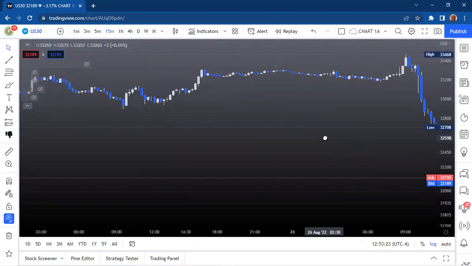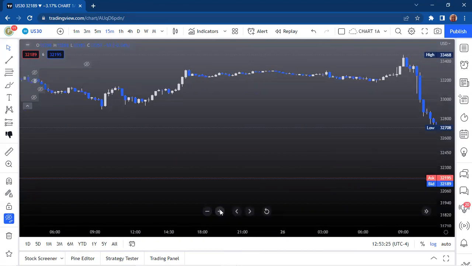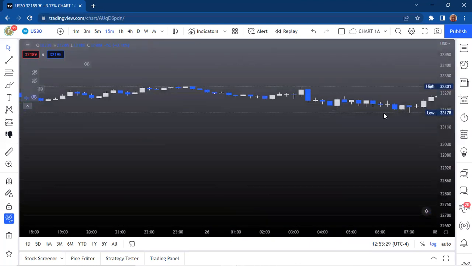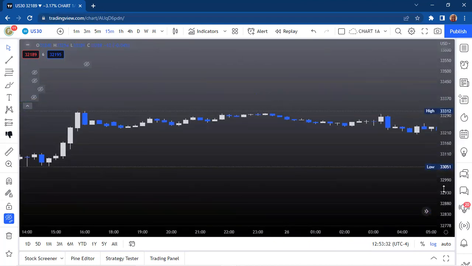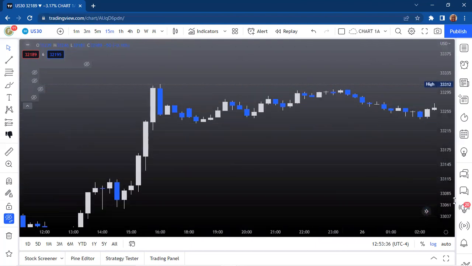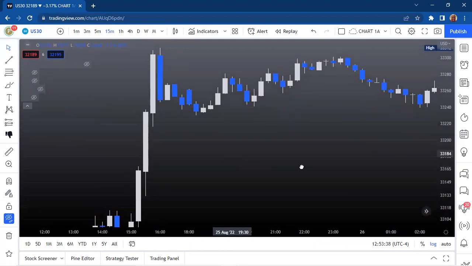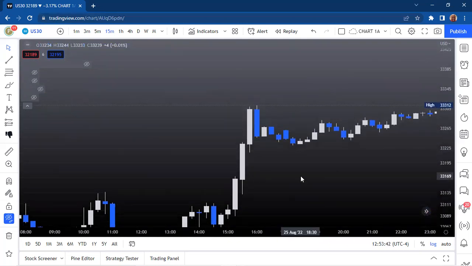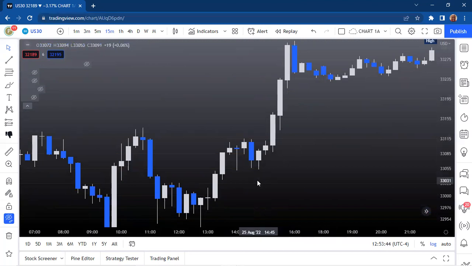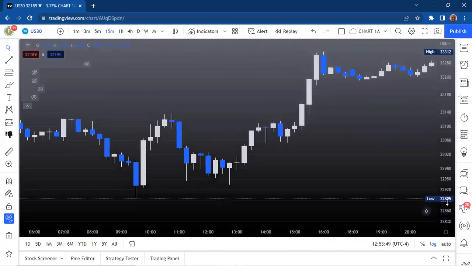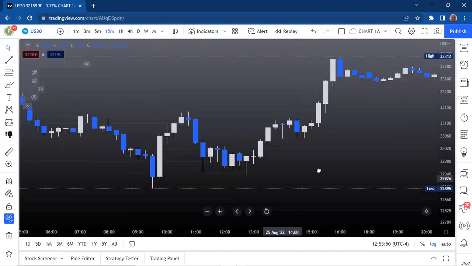So we want to go with the trend and not go against it. But what I want to do is look left and show you a series of patterns to see if I can see any other shooting star, because when you start seeing shooting stars, you'll notice a pattern.